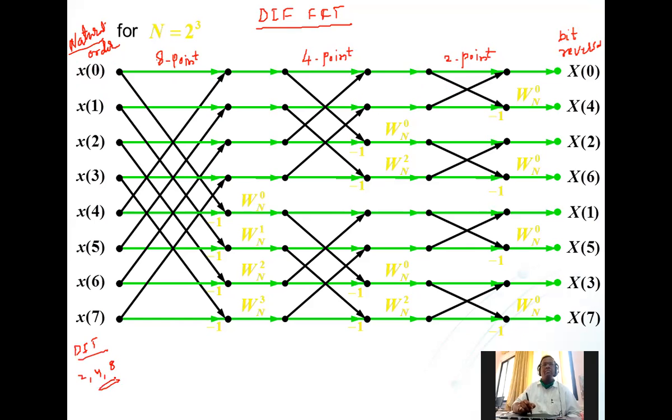Also, for the DIF FFT algorithm the multipliers are added at the output side, whereas for the DIT FFT algorithm we add the multipliers at the input side.